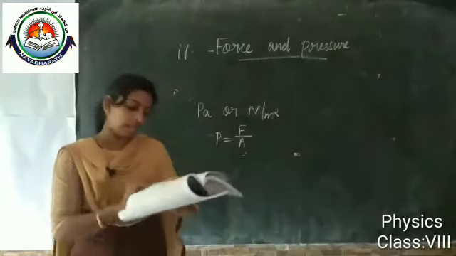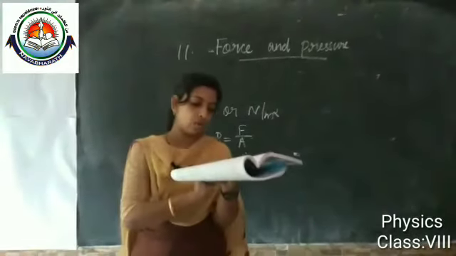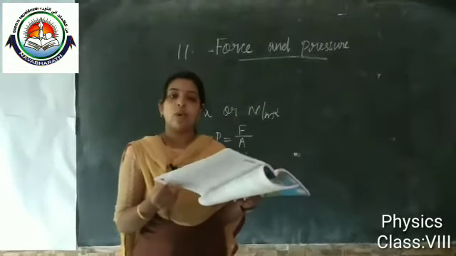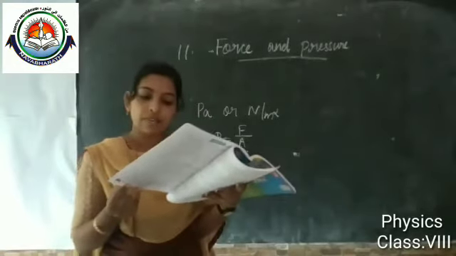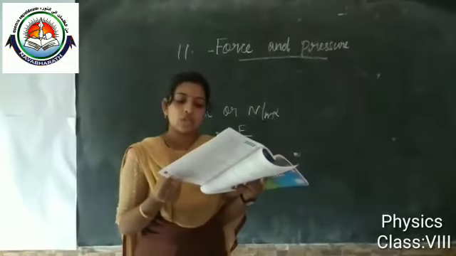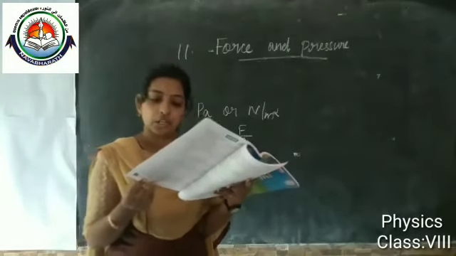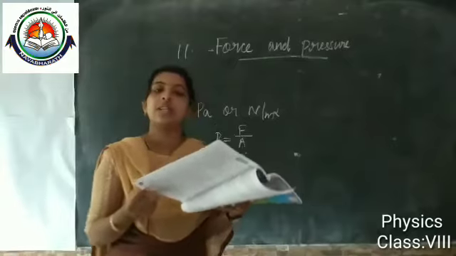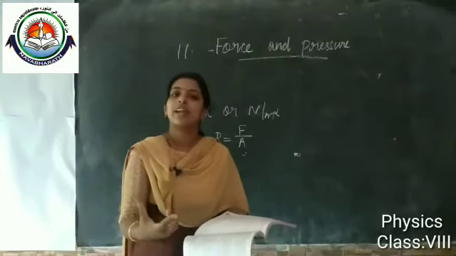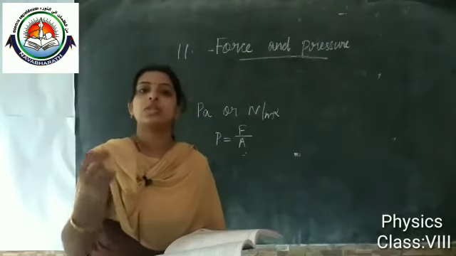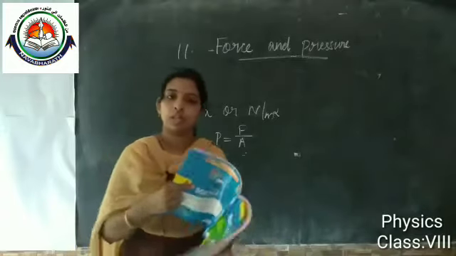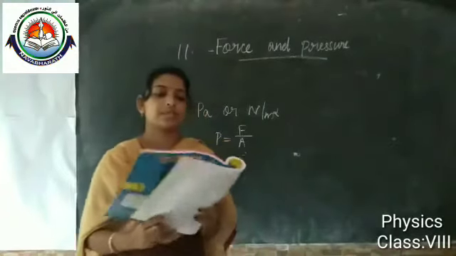So we can write the answer to that seventh question on page number 123, sixth point: a wide steel belt is provided over the wheels of army tanks so that they exert less pressure on the ground and do not sink into it. Or in your own words you can write, to reduce the pressure on the ground.